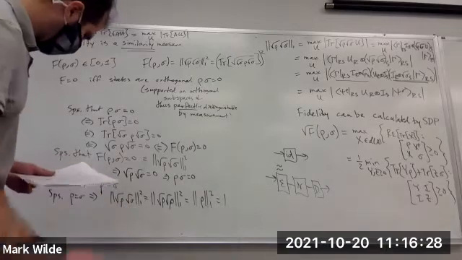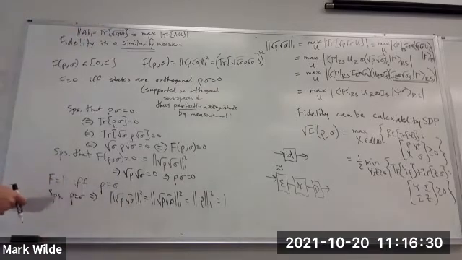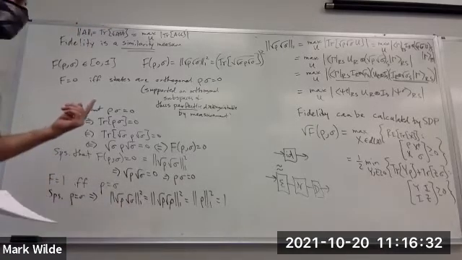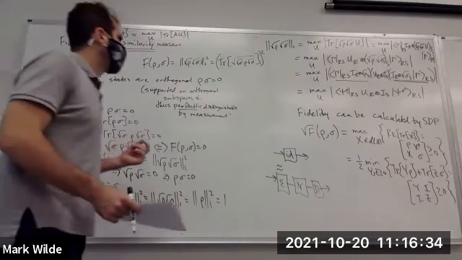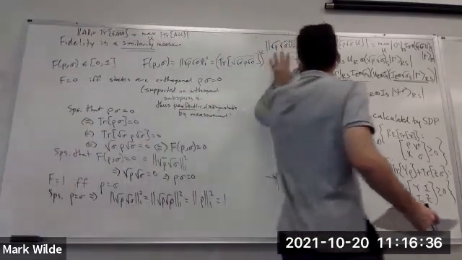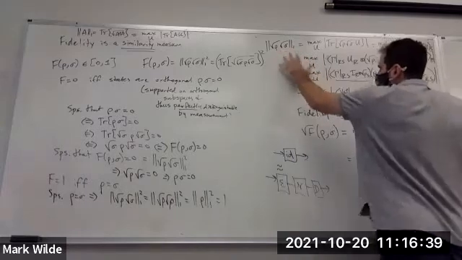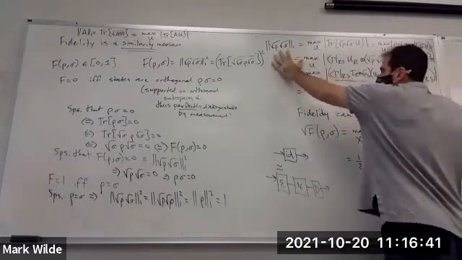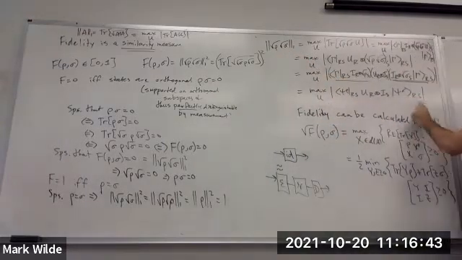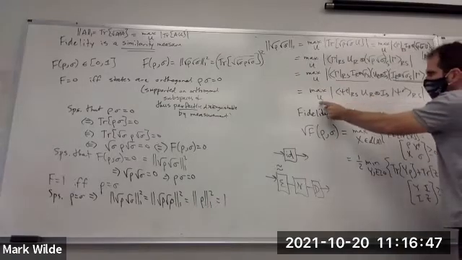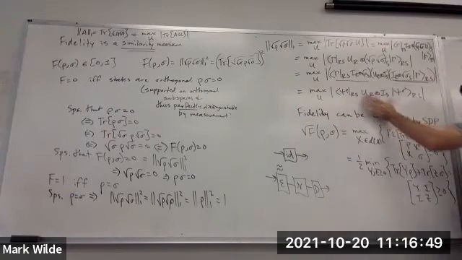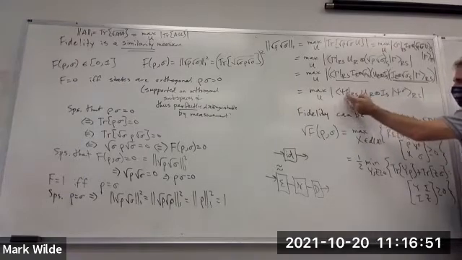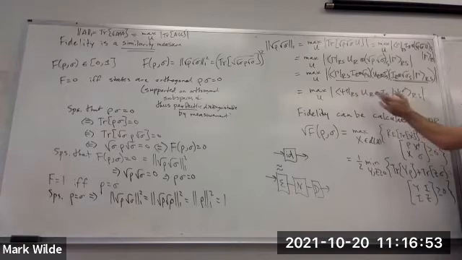The other way, there are several ways to arrive at it. At the beginning of the class, I told you one way. Suppose the fidelity is 1. That means that this overlap is 1. That means there exists a unitary such that the overlap of this vector with this one is 1.